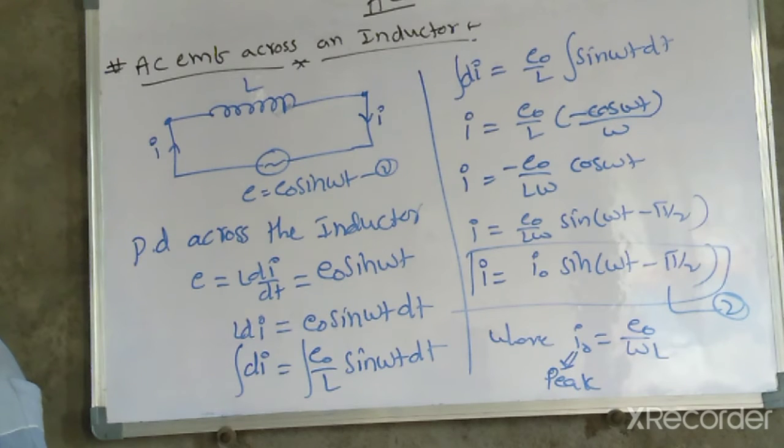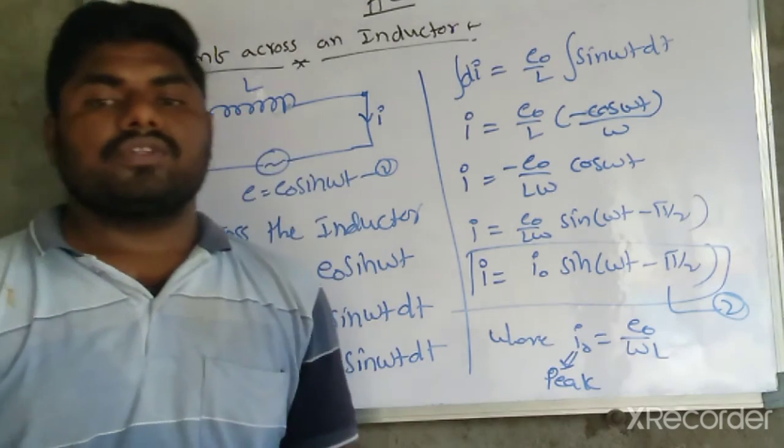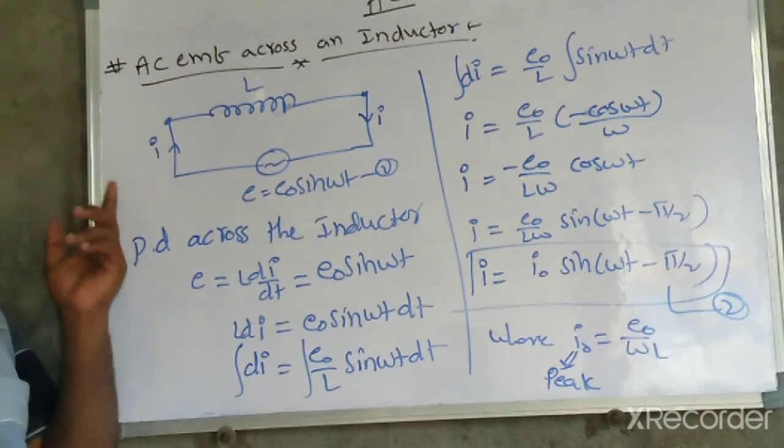From equation 1 and equation 2 we can state that in an inductor the current always lags.